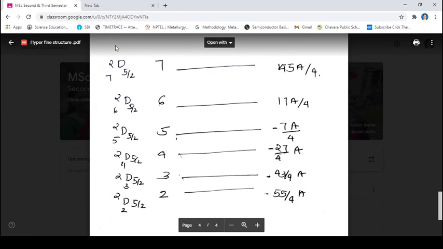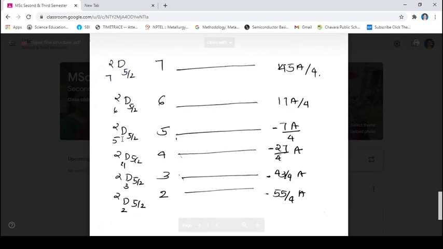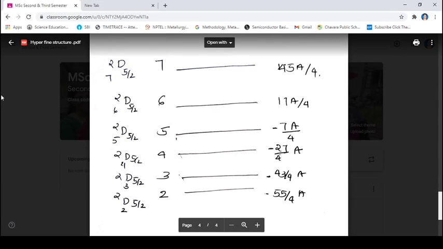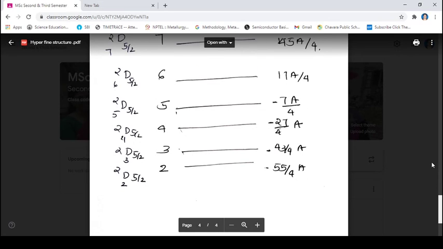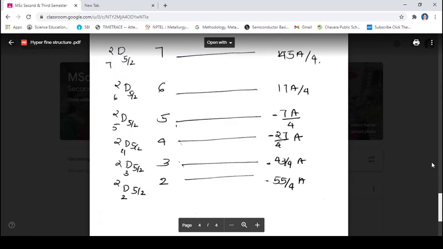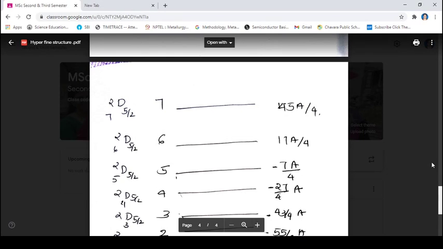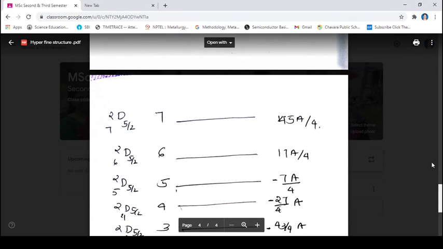The states are 2D 5/2 with F equal to 7, 6, 5, 4, 3, 2. This needs only a qualitative description, so we don't have to go into the derivation of the details of the hyperfine structure. Last year this was a university question, so study well. Thank you.